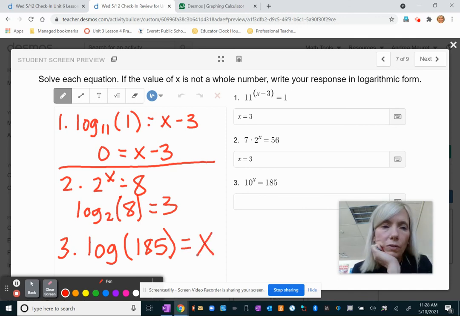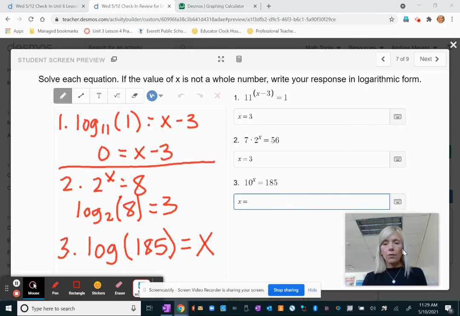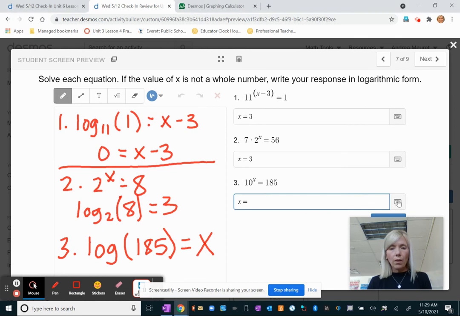And so the directions say, if the value of x is not a whole number, write your response in logarithmic form. Well, I know that 185 is not a power of 10, and so I am going to write my response in logarithmic form. So it will look like this, x equals, and then let's see if I can open the little screen to get the log.